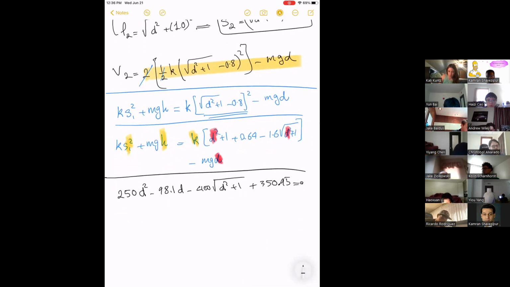Obviously, you're not going to get something with this level of complication in the test, but I thought this is a good example to show you how you do it. You can solve this with any nonlinear method. If anyone here knows how to use MATLAB, the programming software, MATLAB.